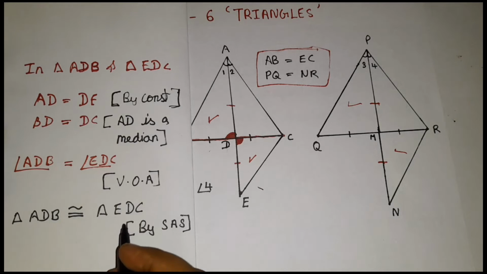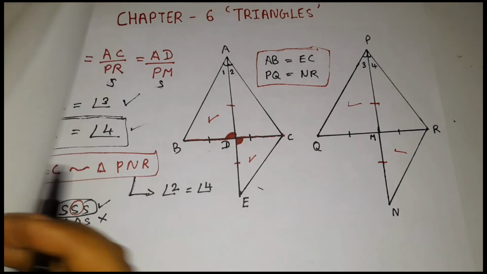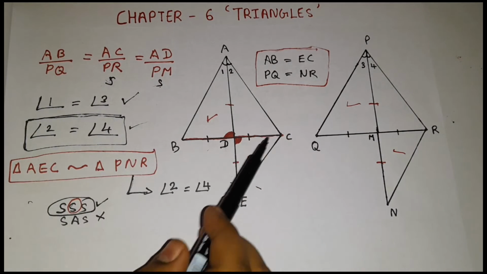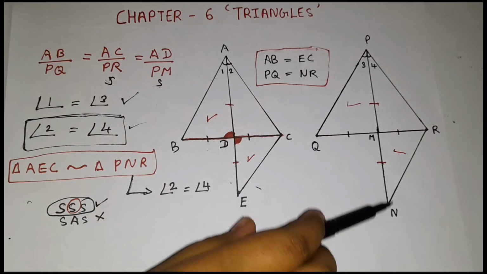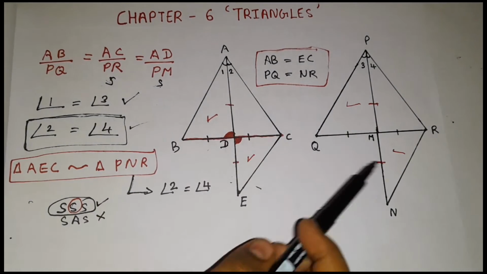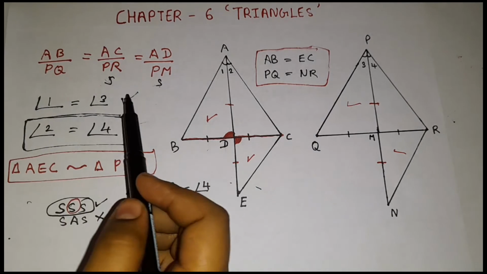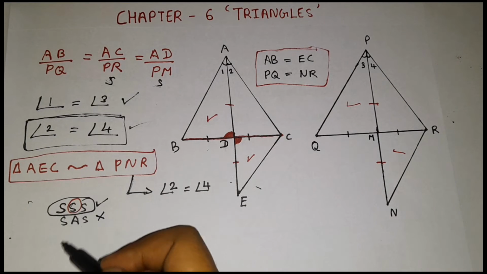So what is the use of saying it is congruent? I told you, we want to prove AEC is similar to triangle PNR. For proving it is similar, we got two side information, but we need another side information.